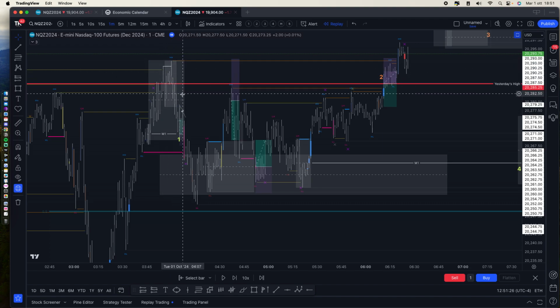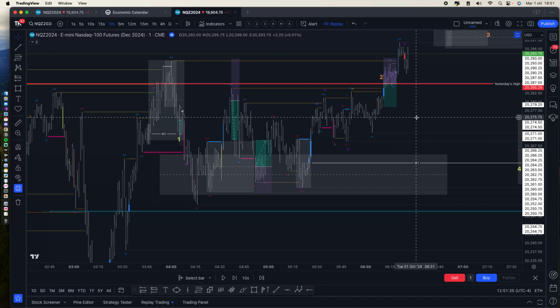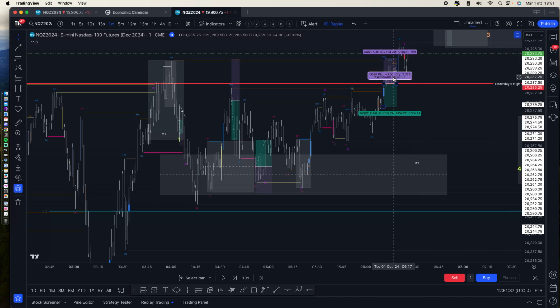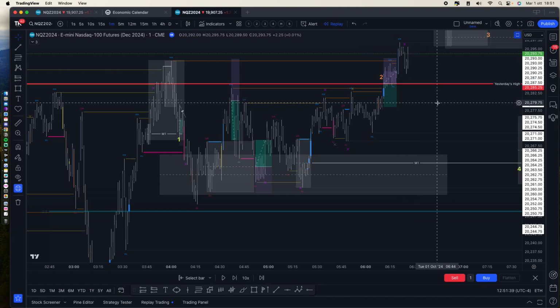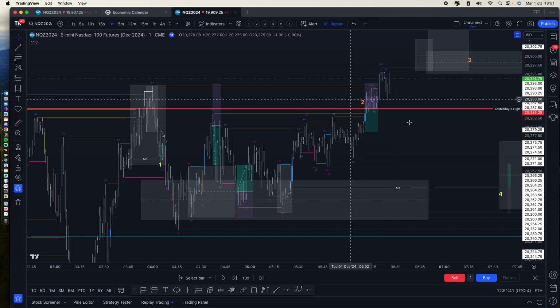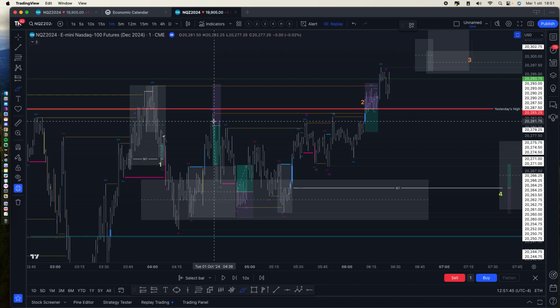something on Model 2 in the zone. Model 2 is a very profitable, high win rate, high probability trade, but not here.